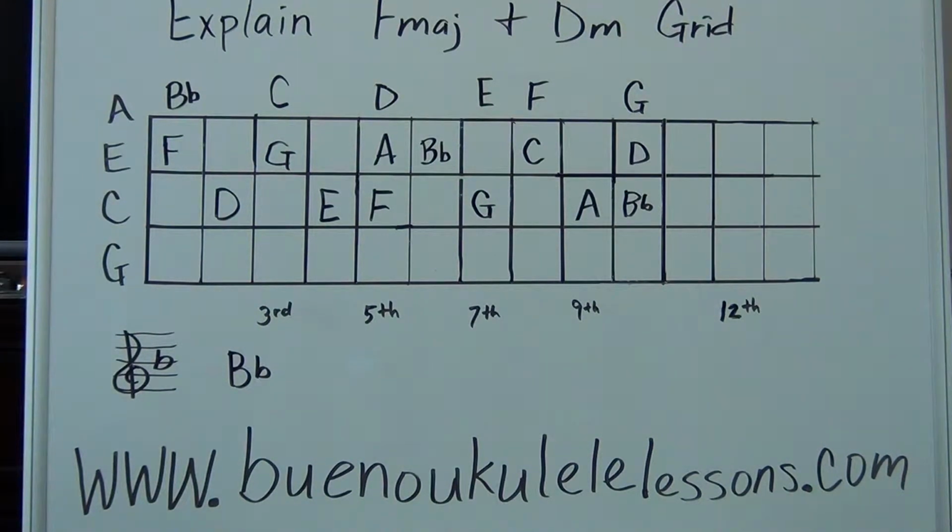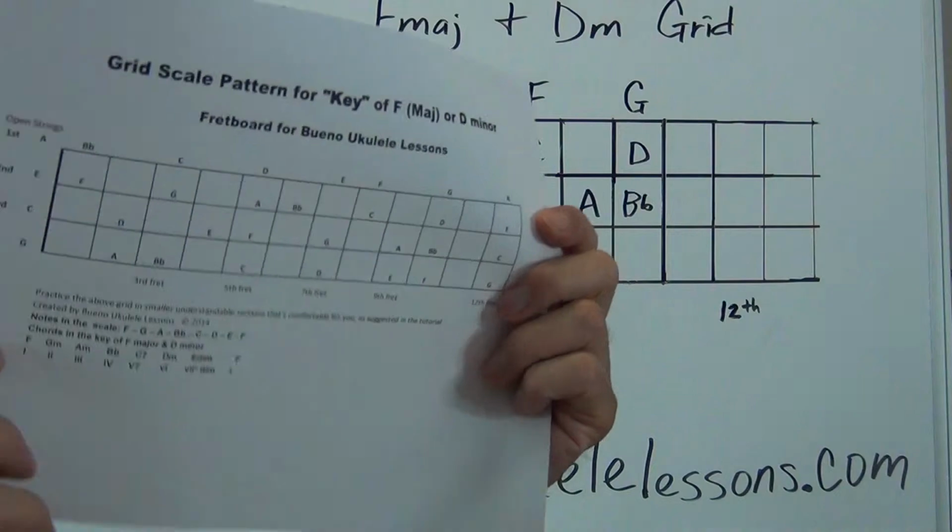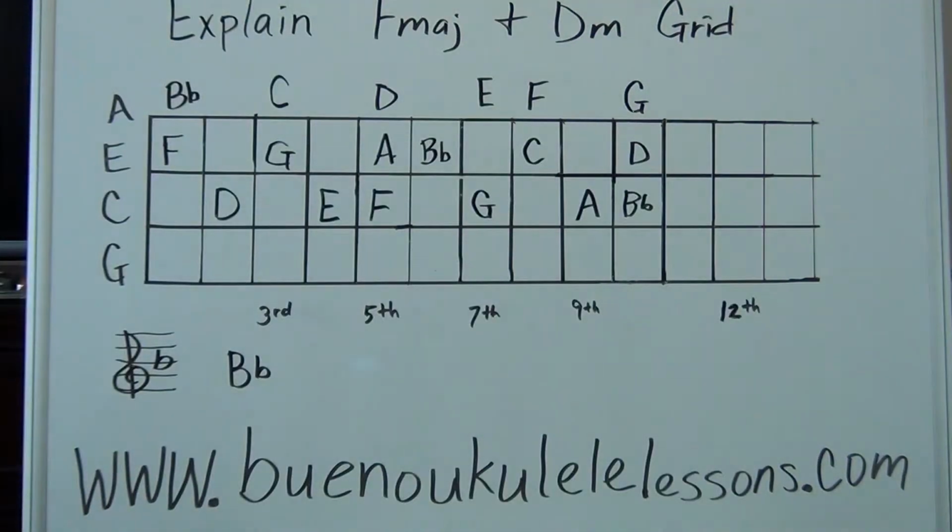Now, hopefully you've got something to write with, because we're going to talk about the family of chords down here for a second. If you look down here at the bottom of the paper, you can see the family of chords for the key of F major: you've got an F, a G minor, A minor, B flat, C7, D minor, etc. Underneath that you've got the Roman numerals. Very important to know what your chords are in this family of chords for the key of F major.